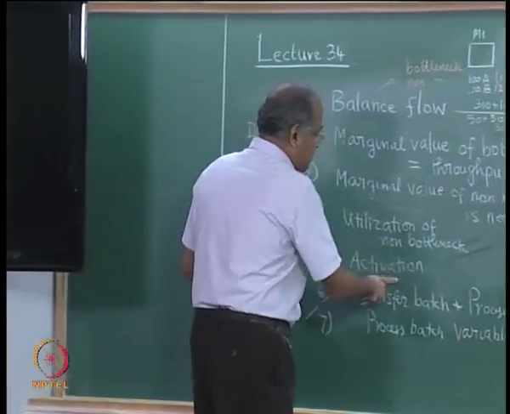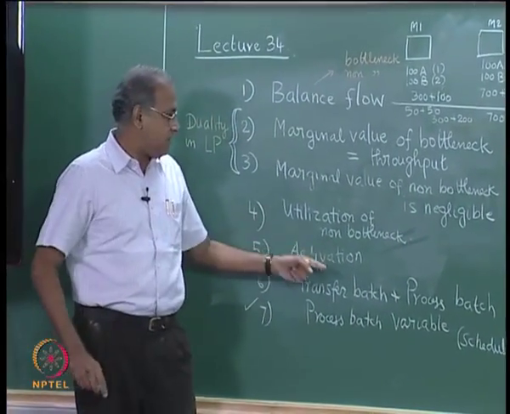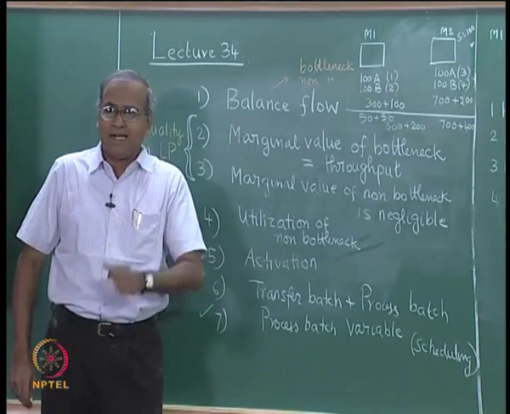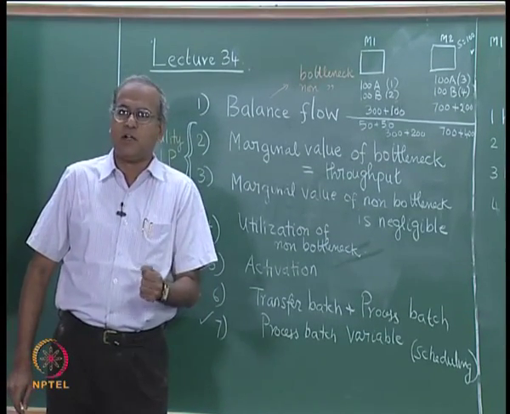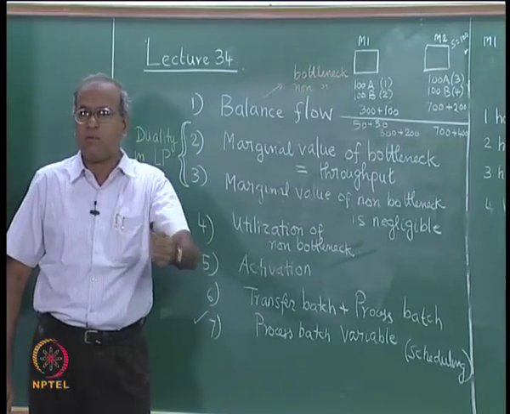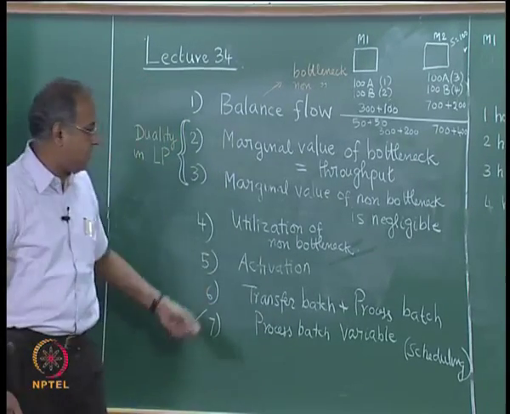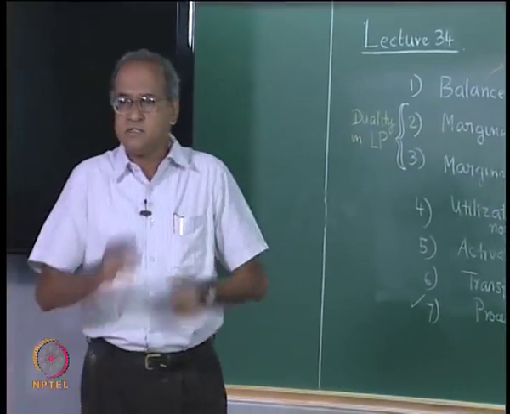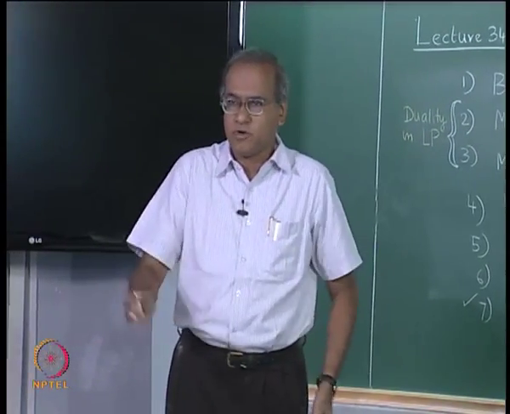Now 5 talks about the effect of not doing 4 well. If we do not do 4 well and try to increase the utilization of a non-bottleneck by making it work more, we essentially end up doing activation and not utilization. Activation is not going to improve the throughput.